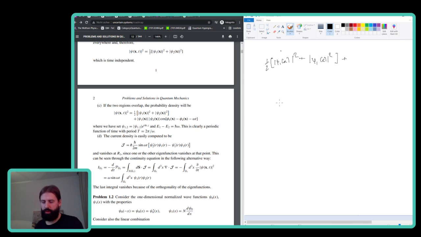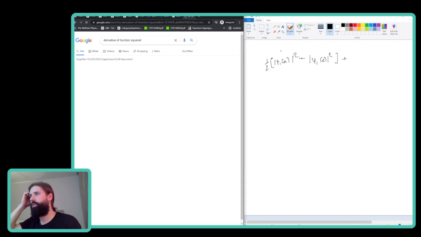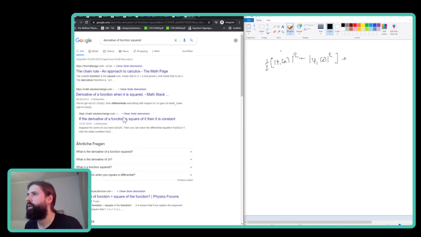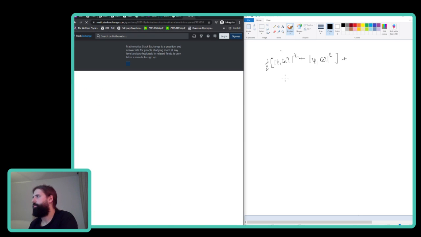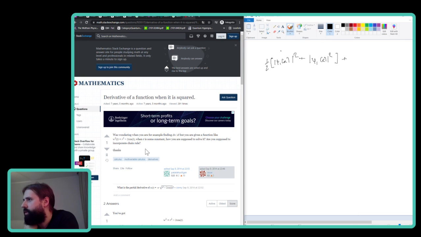So what is the derivative of an absolute square function? Well, a derivative of a function squared, I could just follow what I just learned, right?